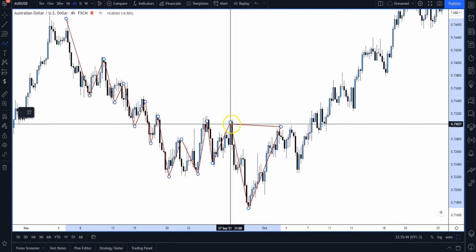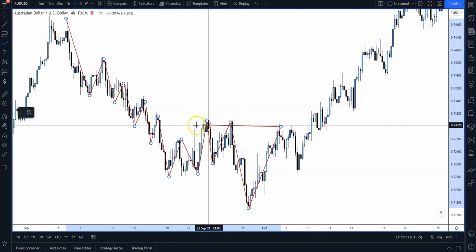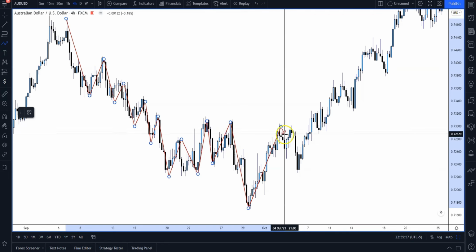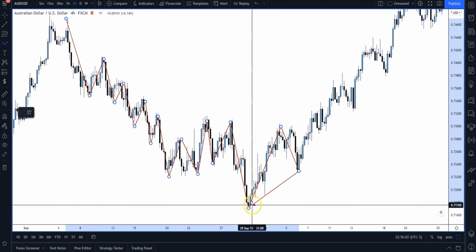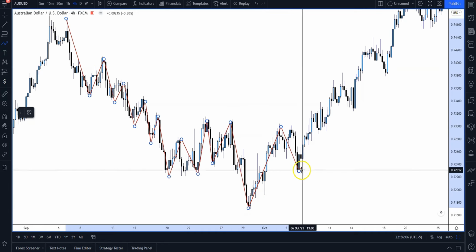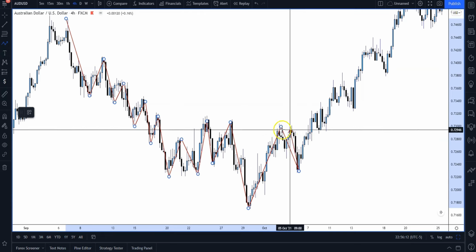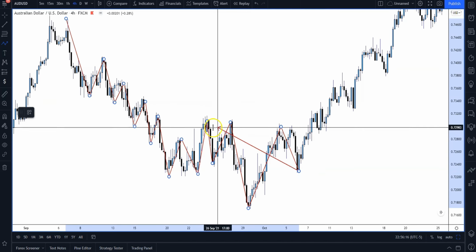This high right here is the previous high before it shot down, right? And this is the previous low. As you can see, this low never breached this low here. So if price breaches the previous high like this, then we have a reversal.